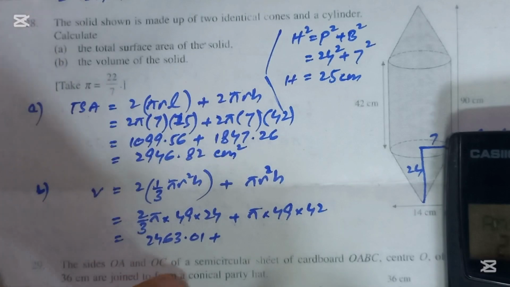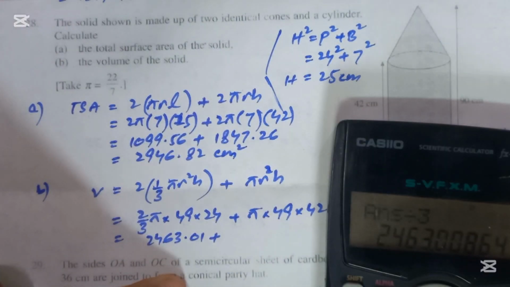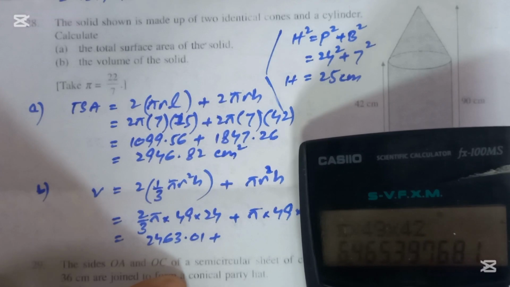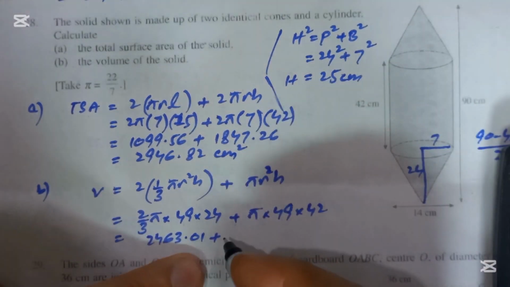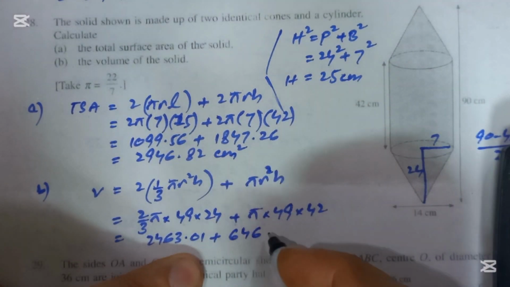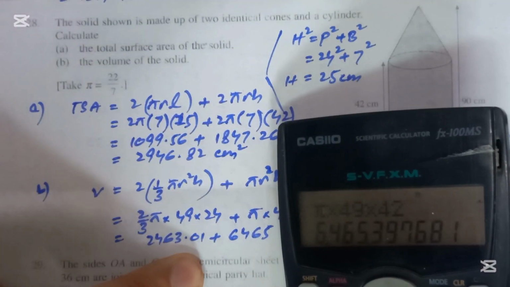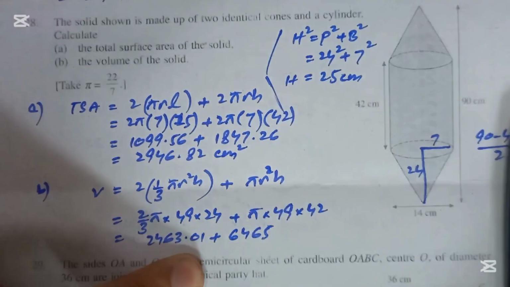And now cylinder, pi multiplied by 49 multiplied by 42. Answer is 6465.40.